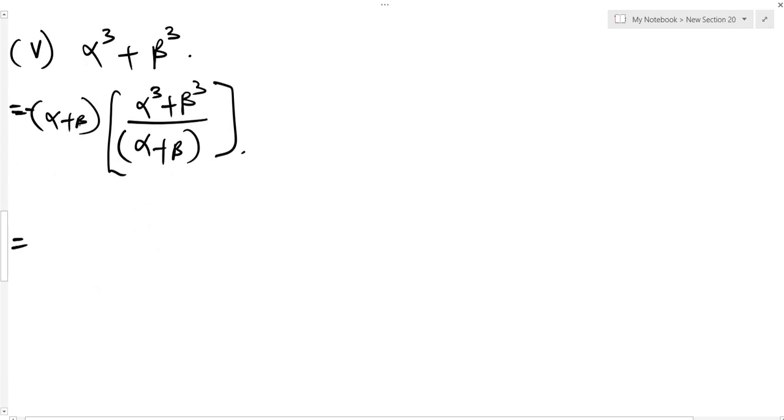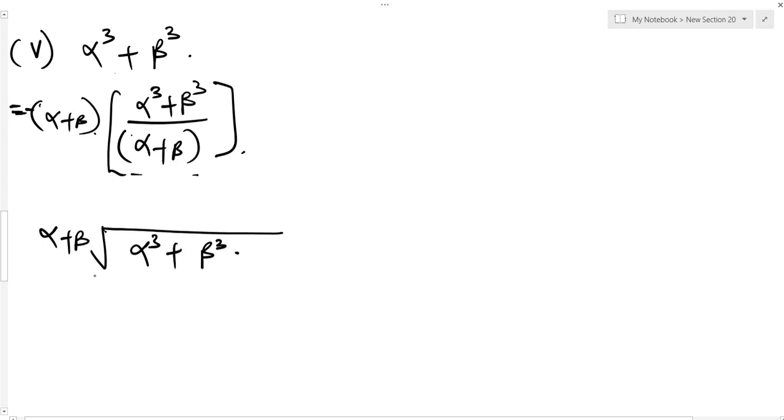Because when this alpha plus beta cancels itself, it will still come back to this. So now let's work out this. Let's divide this so that we will now impute it into the equation. We have alpha plus beta dividing alpha cube plus beta cube.